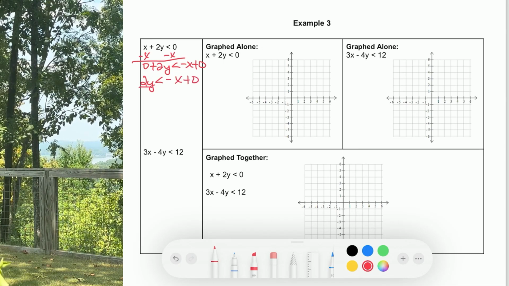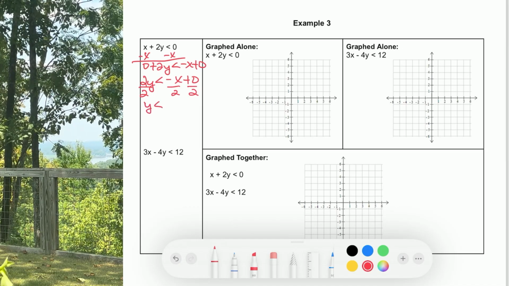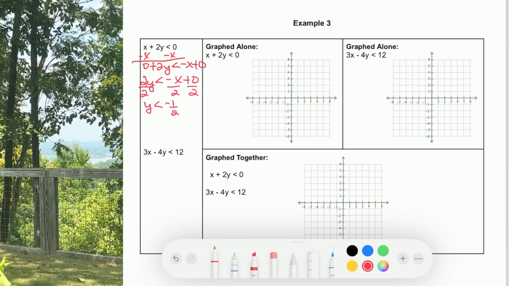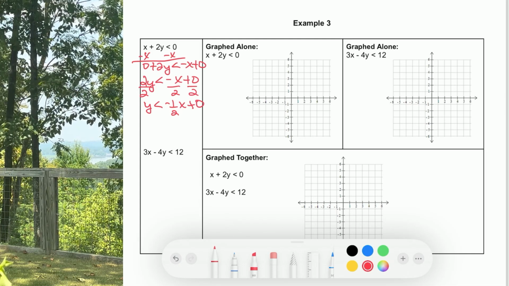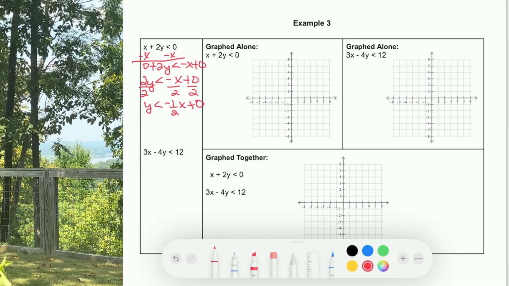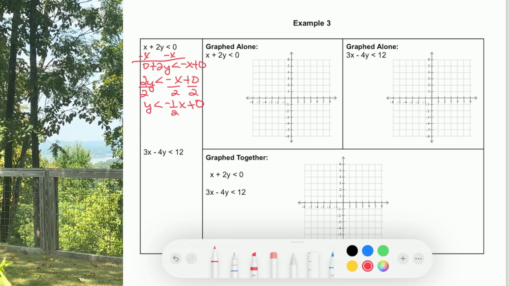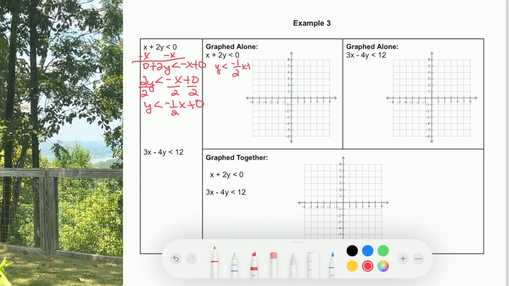I'm going to divide everything by 2 and end up with y is less than negative 1/2 x plus 0, because 0 divided by 2 is just 0. I'm going to keep that 0 there just because of the graphing part. We need it for our b. So I'm going to write that here. Y is less than negative 1/2 x plus 0.